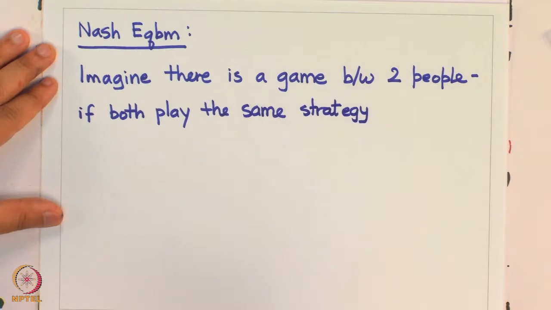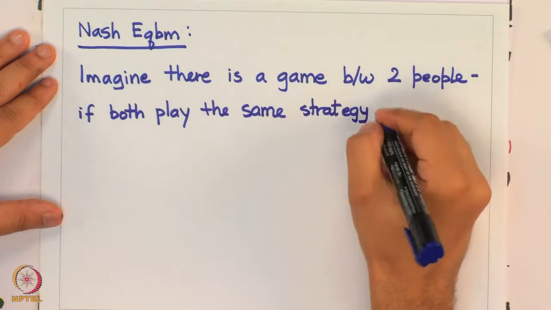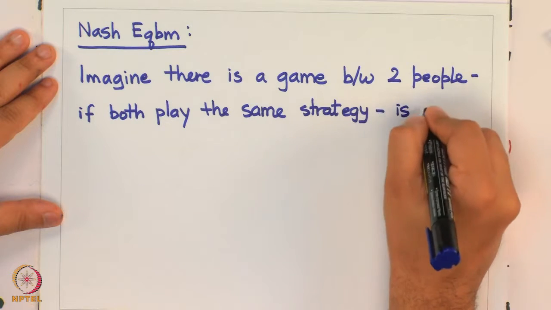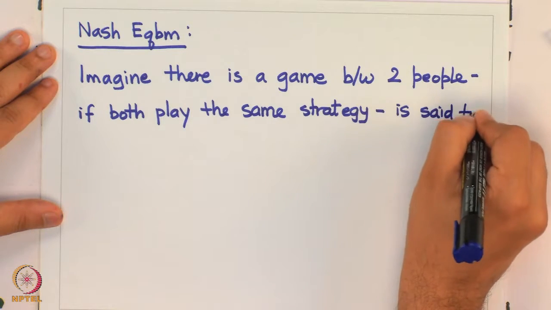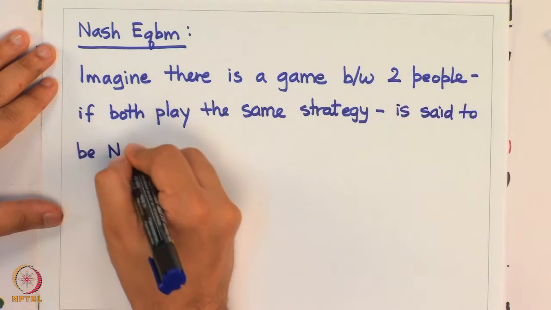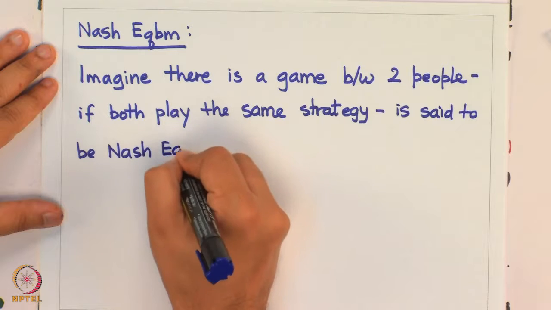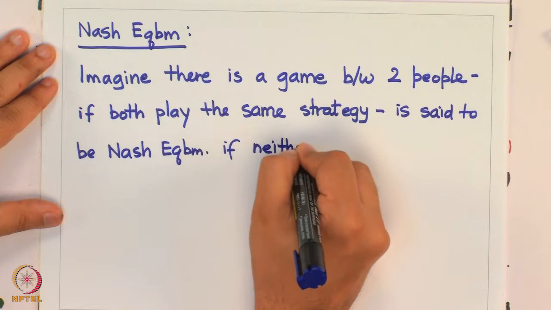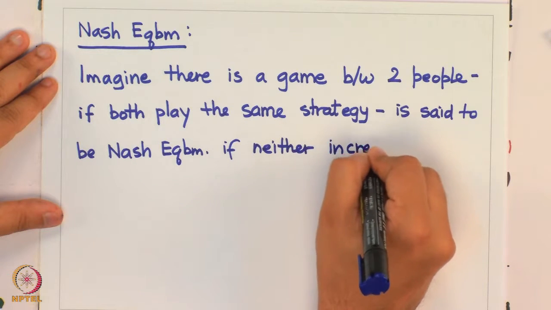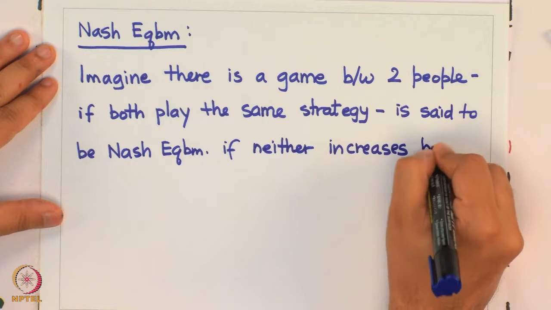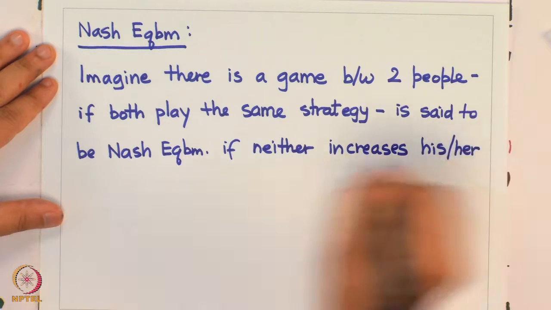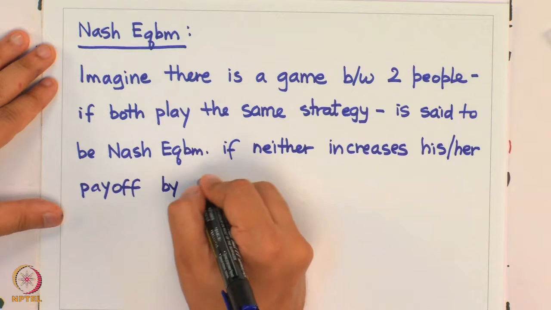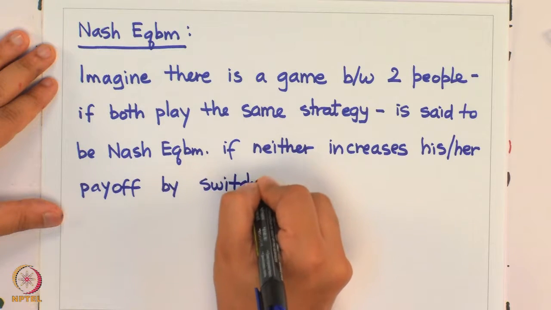So, if two bacteria are both of the same genotype, this strategy is said to be a Nash equilibrium if neither of the two players increases his or her payoff by switching to the other strategy.